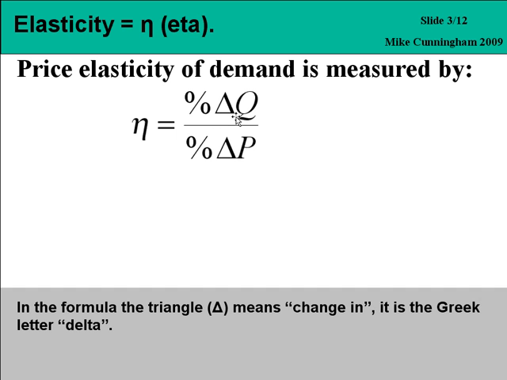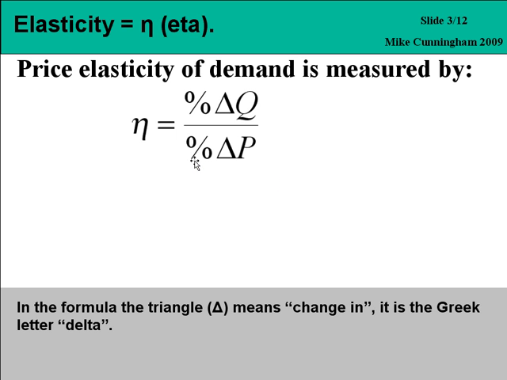In this case, the change in Q. So don't read it as delta and certainly don't read it as a triangle. Read it as the change in Q. So we've got the percentage change in Q on the numerator.